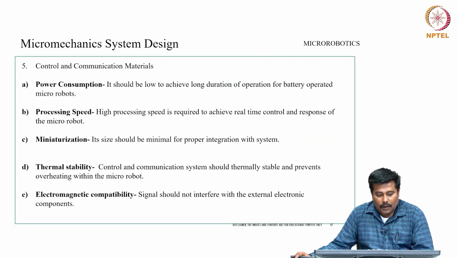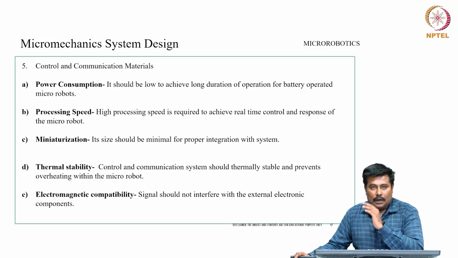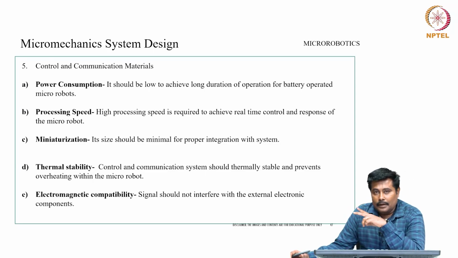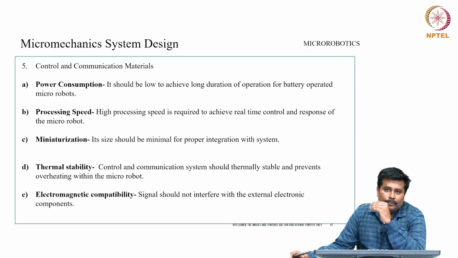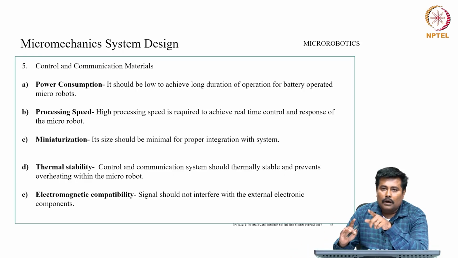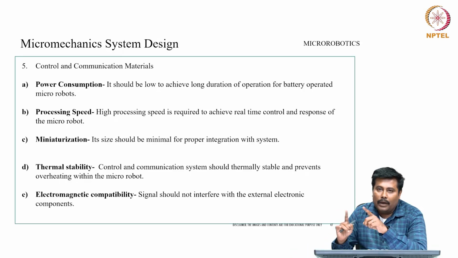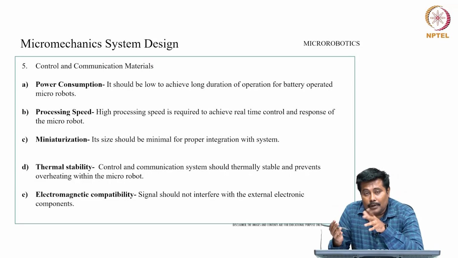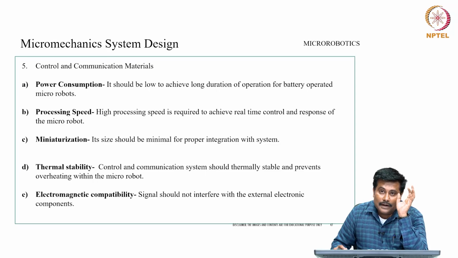Now, when we talk about control and communication materials, control and communication play a vital role in micro robotics. It might be a one-to-one communication from the control to the actuation base of the micro robotic system, or a communication between two micro robots, especially in swarm robot based applications or coordination of micro drones, which we had seen in the introductory slide.